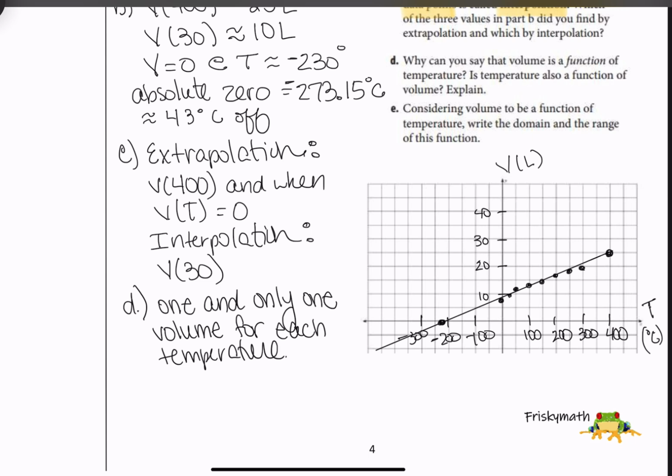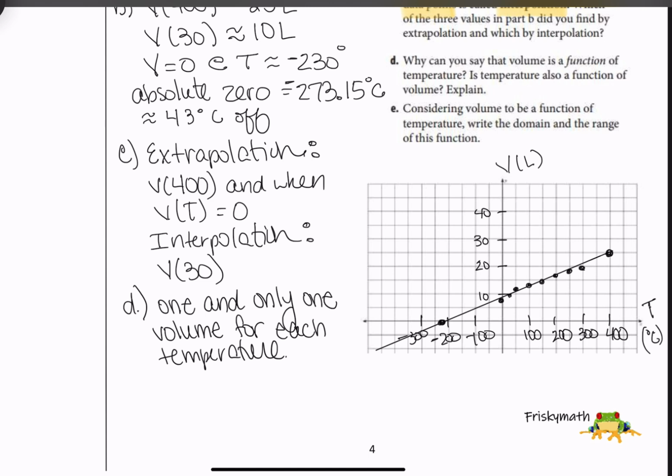Is temperature also a function of volume? Explain. Well, is there one and only one temperature for every single volume? So, for example, if I look at a volume of 20, yeah, there's only one temperature. I don't know, it's a little bit past 300, right? Or if I look at a volume of 10 liters, yeah, there's only going to be one temperature that corresponds with that.